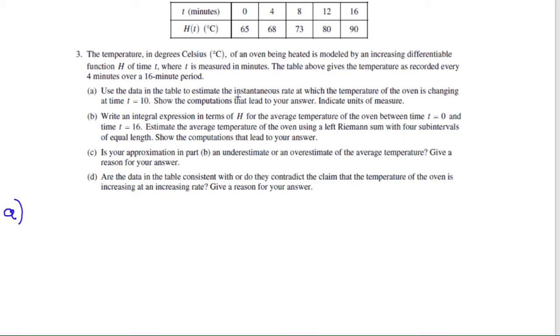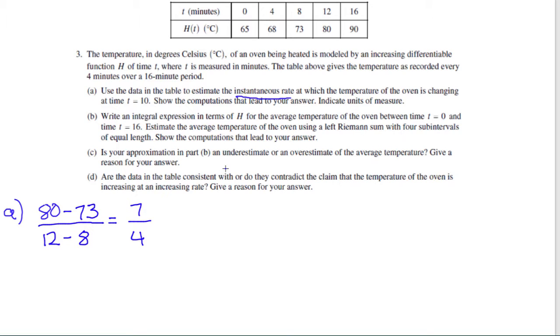Alright, instantaneous rate of change. So at time equals 10, notice that 10 is in between 8 and 12. So I'm going to do 80 minus 73 divided by 12 minus 8. So on top I'm going to have 7, on the bottom I'm going to have 4, and we need to indicate units of measure.